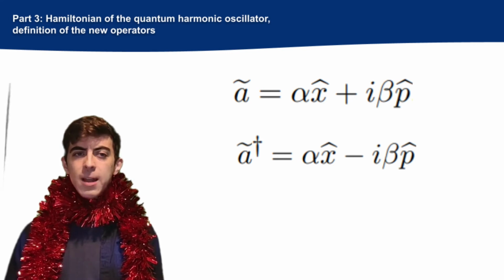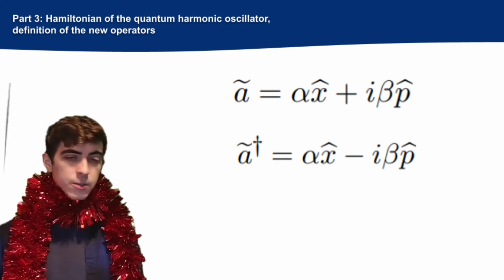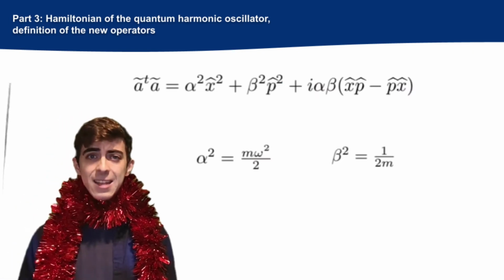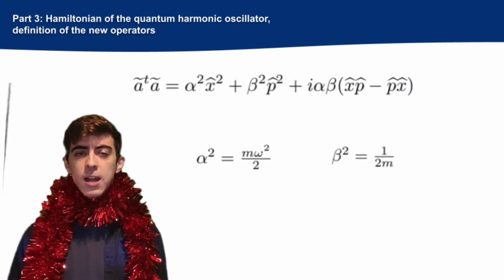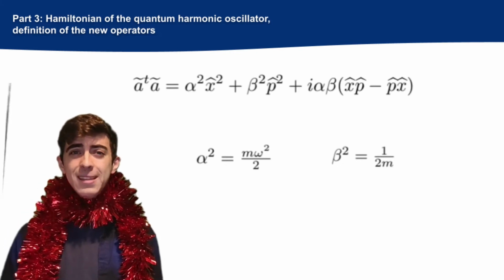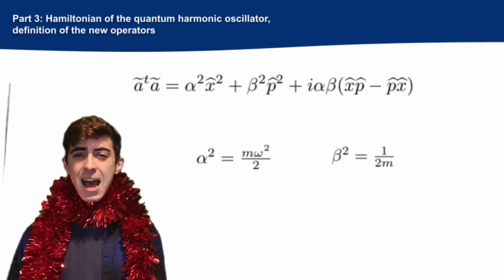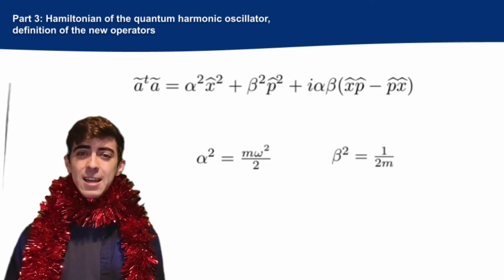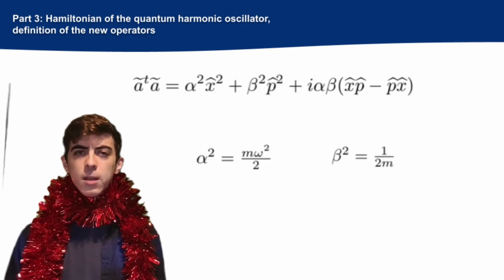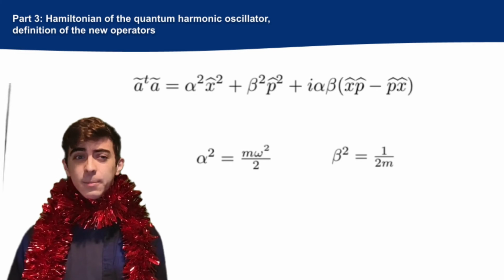And so by multiplying a tilde dagger and a tilde, we get the following expression, which says that a tilde dagger times a tilde equals alpha squared times x squared plus beta squared times p squared plus i times alpha times beta times (x times p minus p times x).